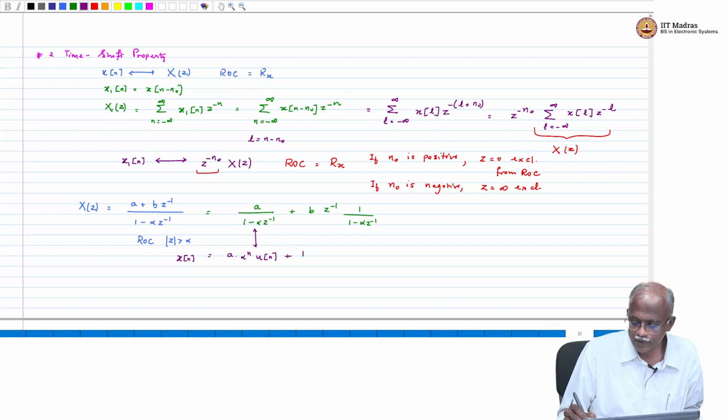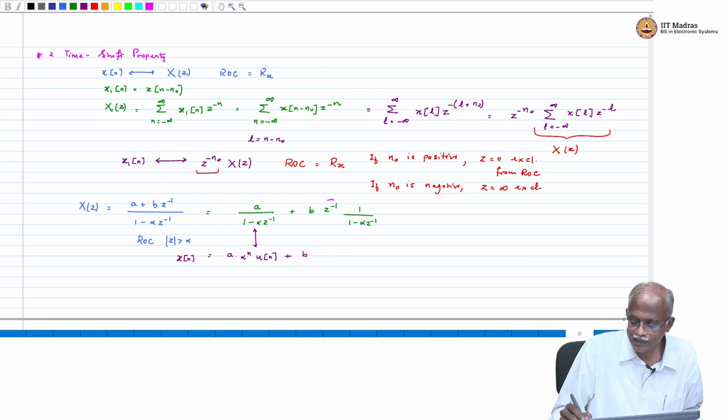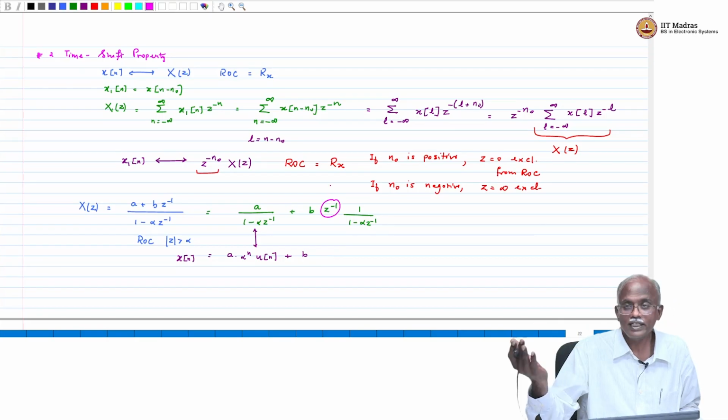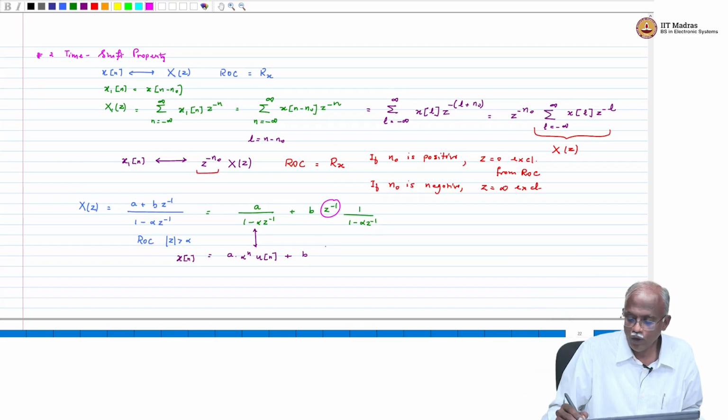The second term, scale factor of B, you will get alpha to the power n u of n, but remember there is a z inverse. What does z inverse times X(z) do? It shifts the input sequence by 1 unit of time. So what will this be? This will be alpha raised to the power n minus 1, u of n minus 1.